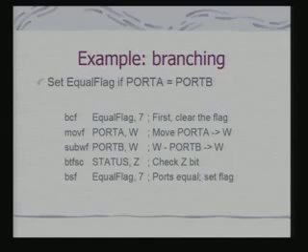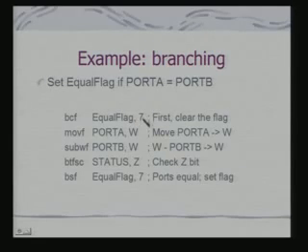This is an example of branching, and obviously you know that when we are using branching, the most interesting thing is that I shall typically be using the skip instruction. In this case, we are declaring a particular location, this equal flag, which is a particular bit in that register, and I am clearing that bit.